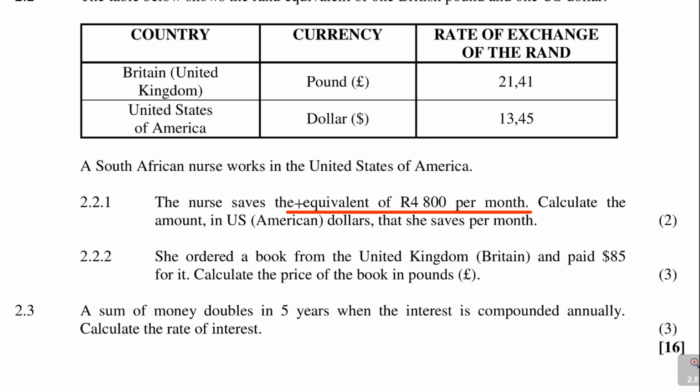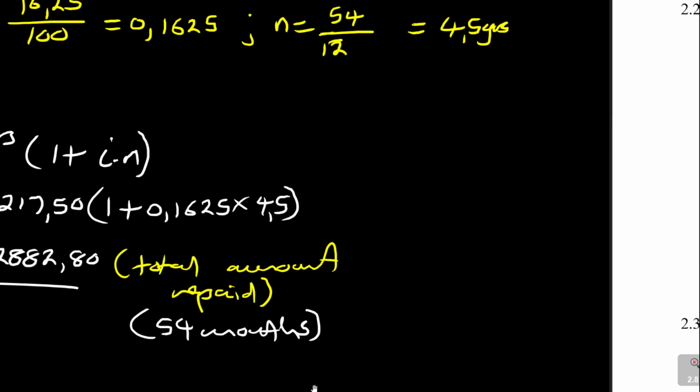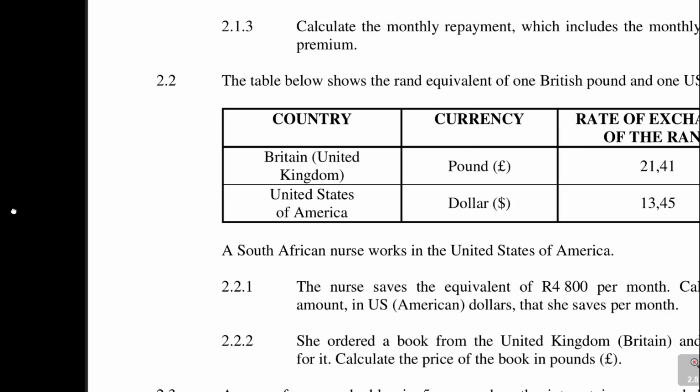Are you seeing that? So that's the amount you save. And then it says calculate the amount in US dollars she saves per month. So you use proportion. The table says 13.45, so it means 1 US dollar is equal to 13.45 rand.